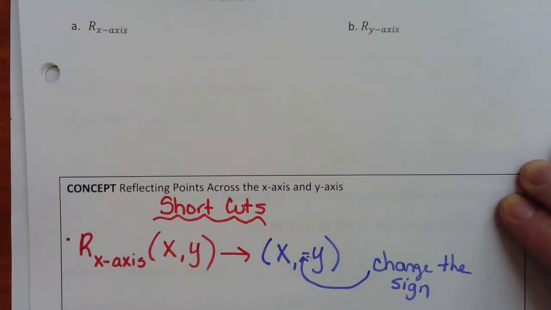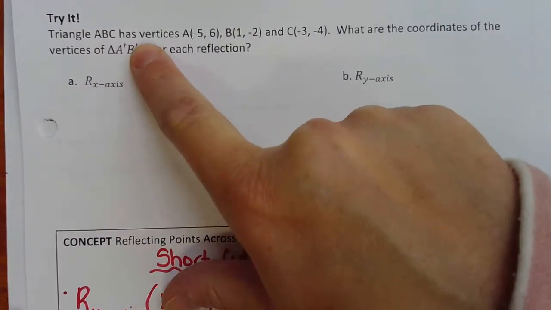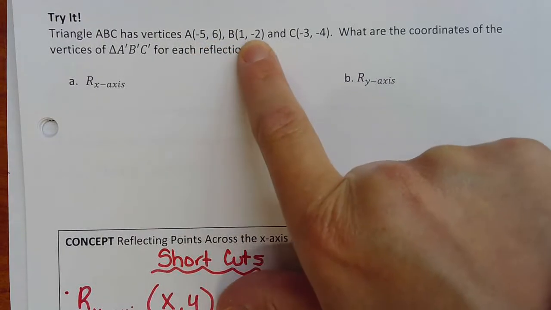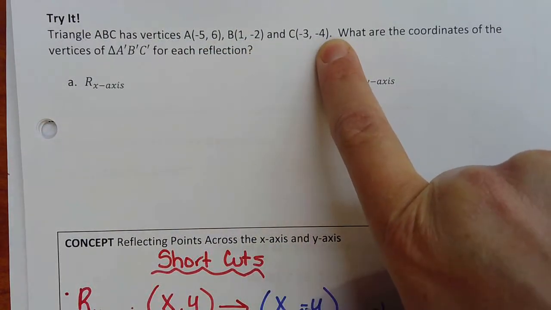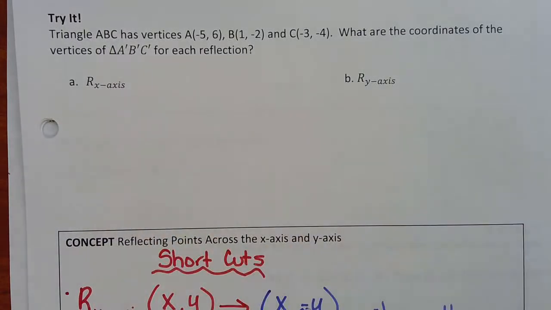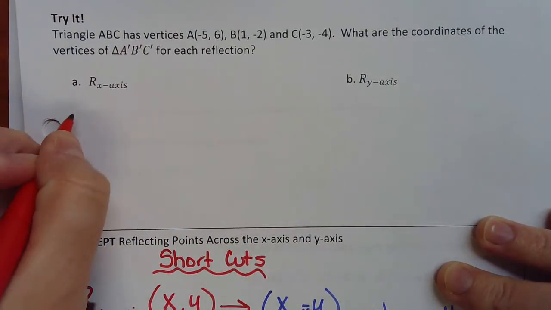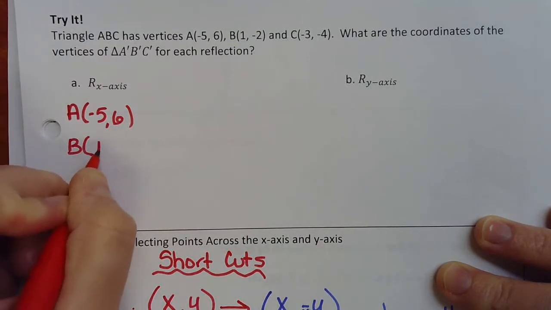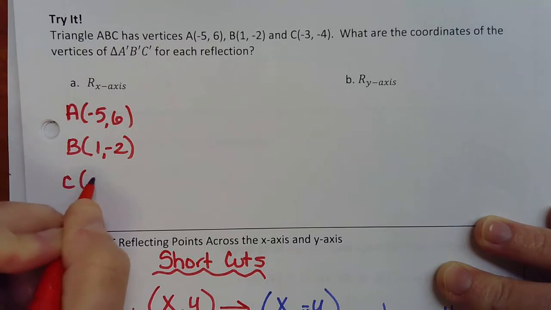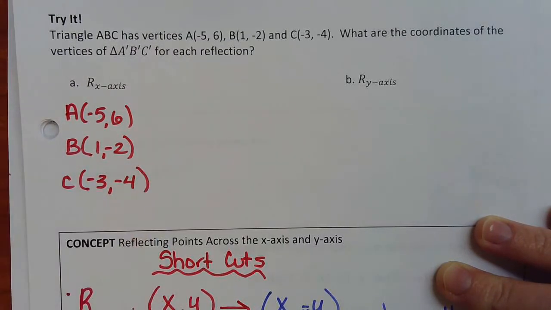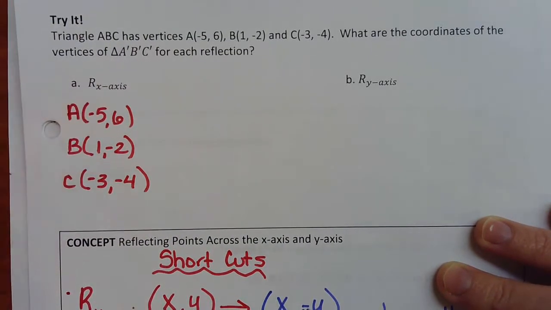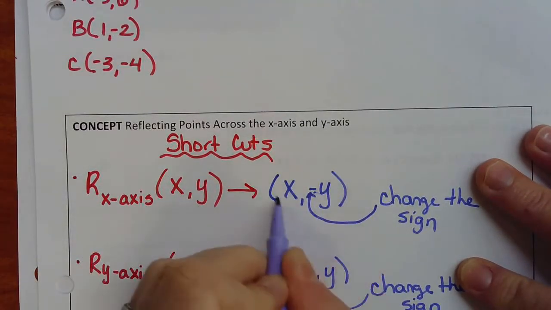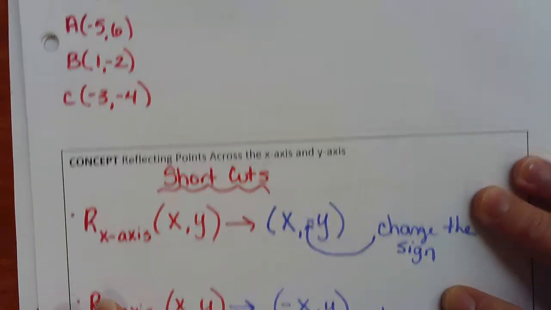If we take a look, I've got a couple of examples up here. Thinking about our shortcuts, we have triangle ABC with vertices at -5, 6, 1, -2, and -3, -4, and we want to reflect it over the x-axis. My shortcut says to take the point and change just the y value.